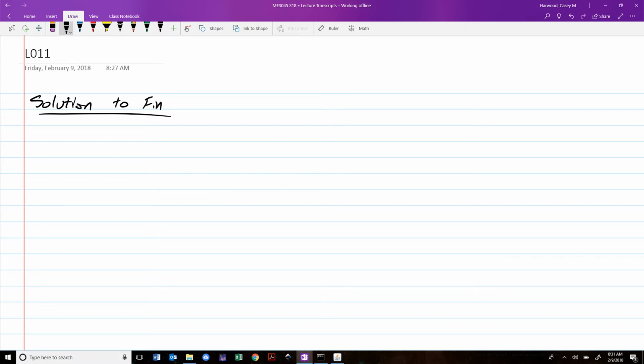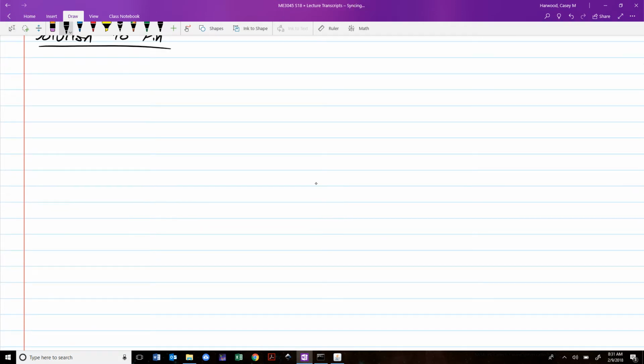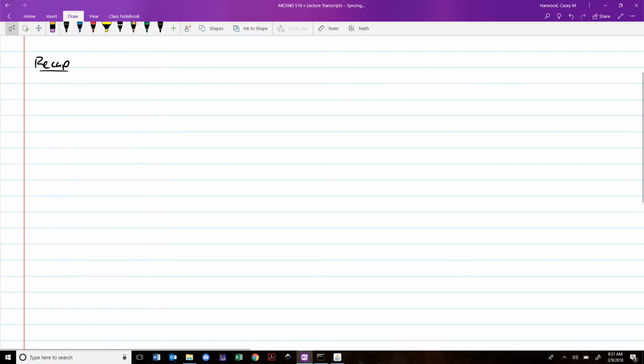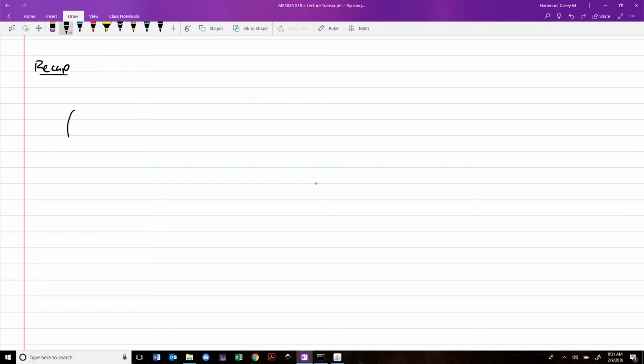So, a recap of the fin equation. Last time we looked at something we call a pin fin. It doesn't necessarily have to be circular in cross section.